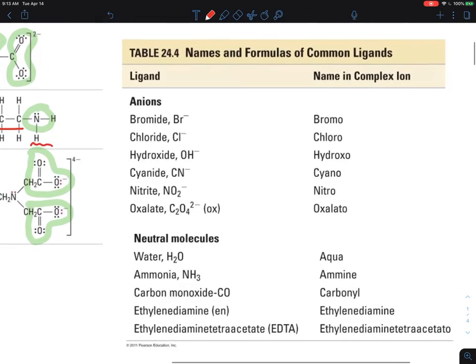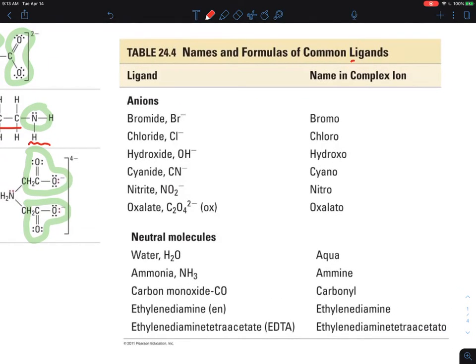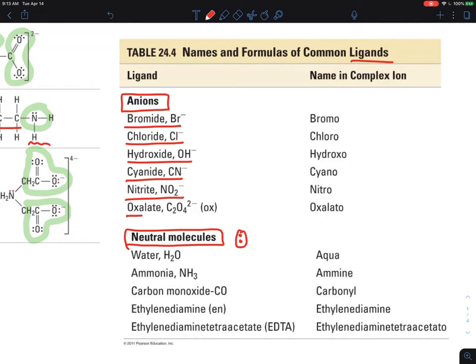There are other ligands, and these are the common ligands, because the metal complexes, they are either anions, well, they are neutral molecules, but a neutral molecule should have lone pair electrons. And so we have bromide, chloride, which are negative ions, and hydroxide ion, cyanide ion, nitrite ion, and oxalate ion.